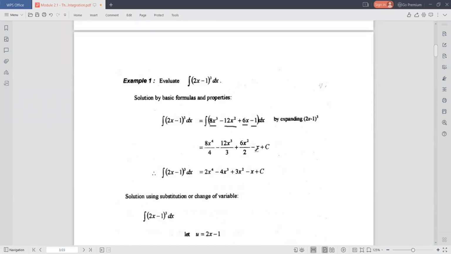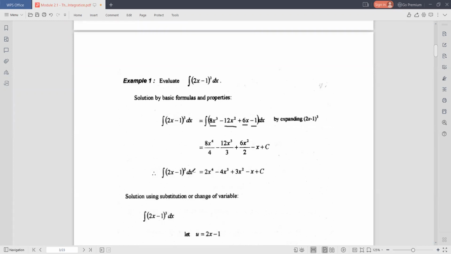And integral of 1, obviously, that is 1x, or simply x, then plus c. And so therefore, your integral of this function now is equal to 2x raised to 4 minus 4x cubed plus 3x squared minus x plus c. Okay, so this is the solution by using basic formulas and properties.